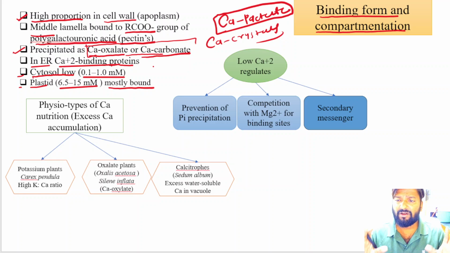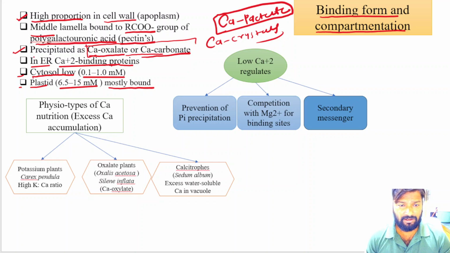So these are the binding forms of calcium. Where is it found? One, high proportion in the cell wall; second, the middle lamella in the form of calcium pectate; excess calcium bound to calcium oxalate or calcium carbonate. In the endoplasmic reticulum it is found in the form of calcium binding proteins. In the cytosol it is found in very low concentration, but in the plastid it is found mostly bound.